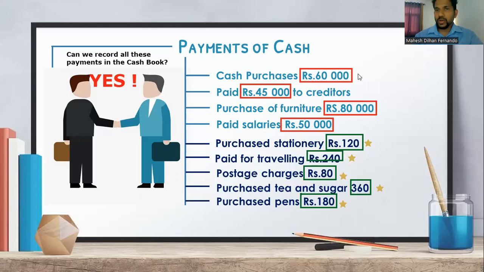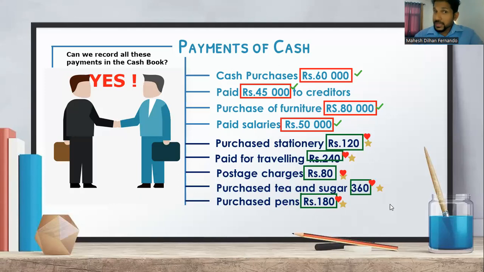Therefore, what should we do now? We have to record these values in one place, and these smaller values in another place. So this is why we are introducing the petty cash book. Are we clear? So remember, the first thing is every payment can be recorded in the cash book.